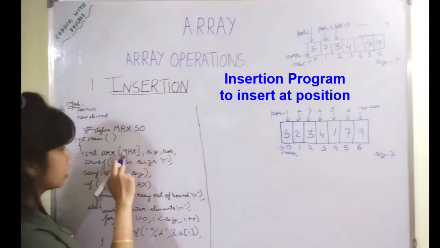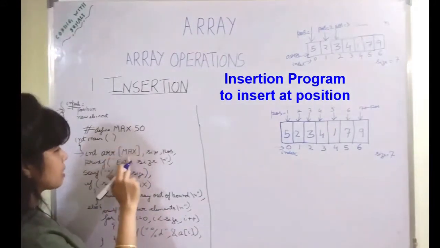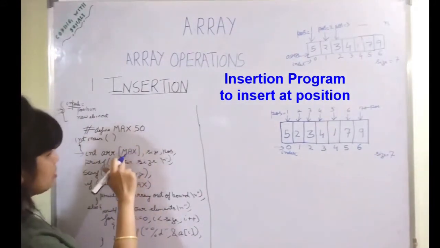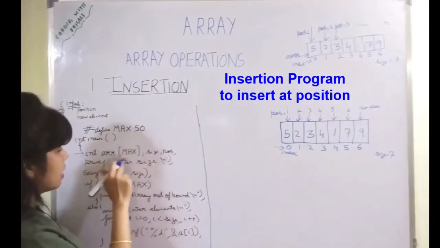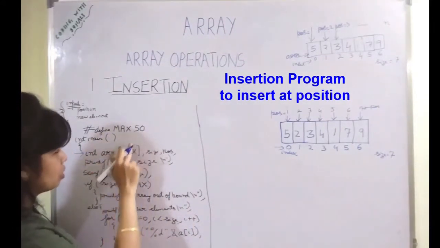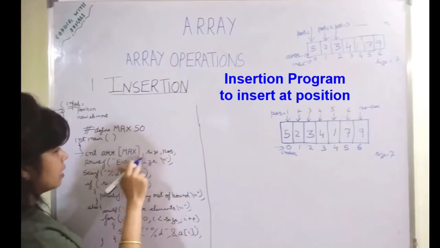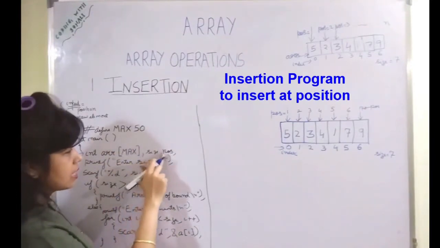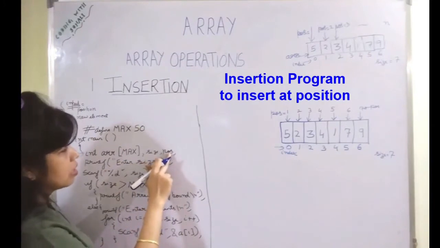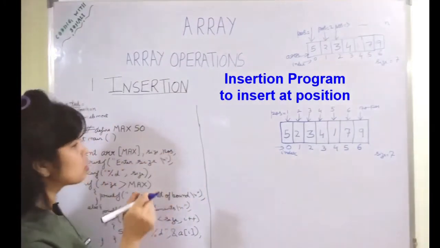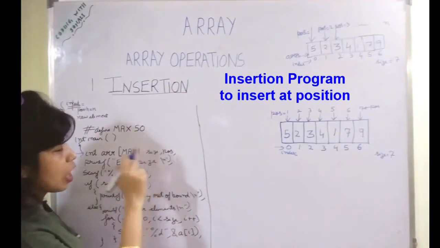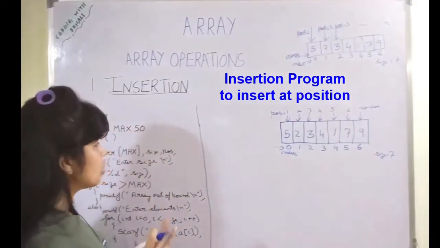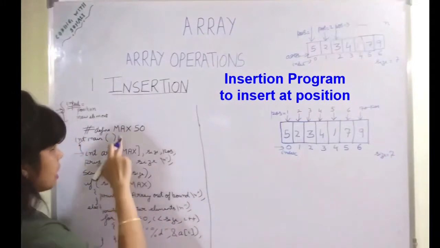This is a one-dimensional array because we have only one subscript and we are mentioning the size. MAX I have already defined as 50, so I want this array to have the capacity to hold that many elements. The next variable is size and the next is pos. pos indicates the position where the user wants to insert the element, and size is how many elements the user will occupy in this capacity of the array.